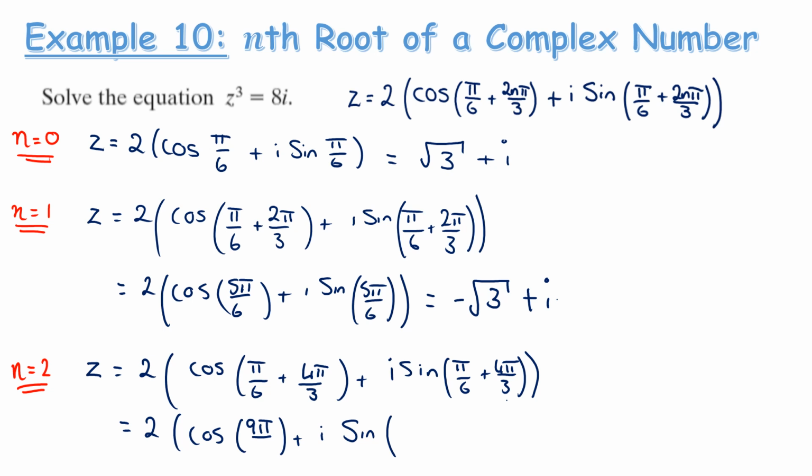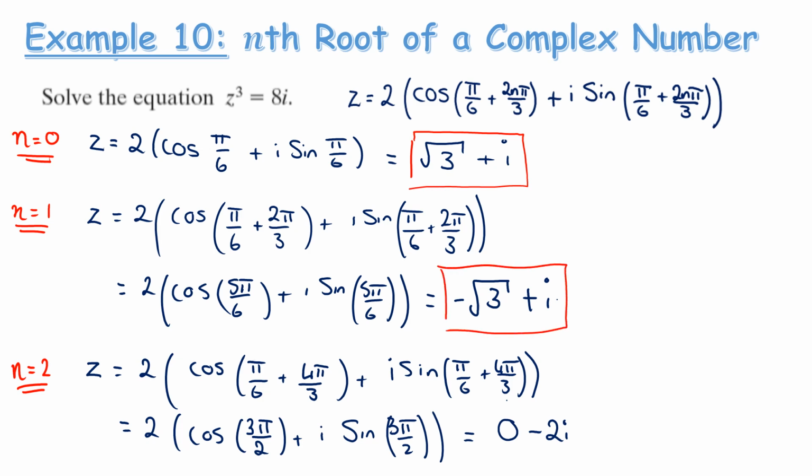So that's 3 pi over 2, 3 pi over 2. And then into the calculator, and we get 0 minus 2i. So the three roots of z cubed equals 8i are these answers here.